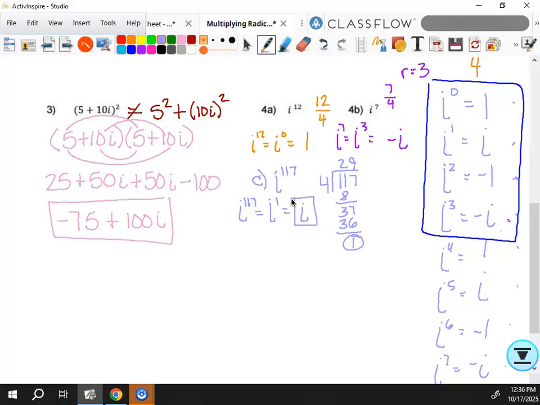All right, let me give you one more. I want y'all to do this one on your own. I'm going to do i to the 22nd power. That's a weird looking 2, but it's a 2.